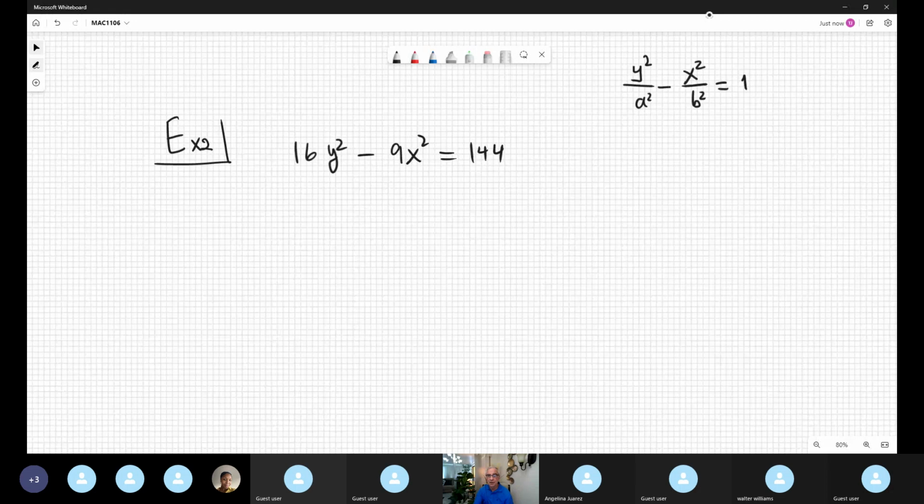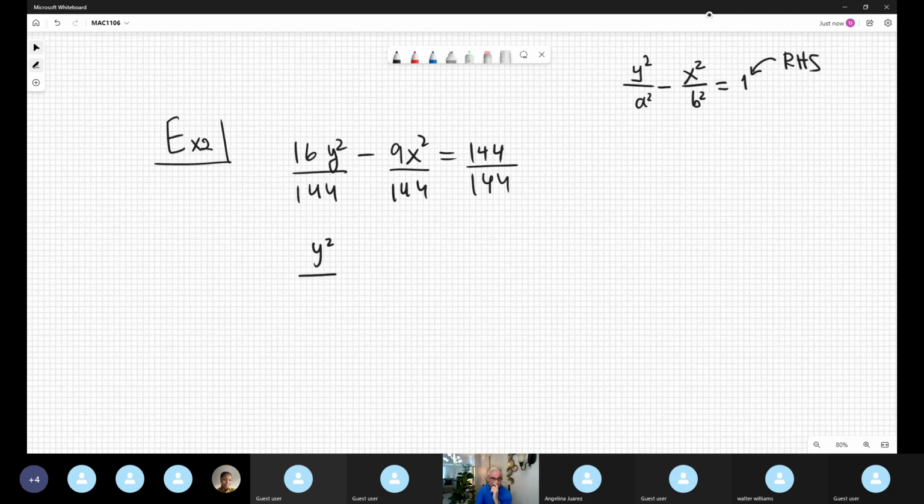Okay, it's important que standard right-hand side is 1. Entonces you divide the whole thing by 144. Then you put in the calculator 144 divided by 16 is 9.